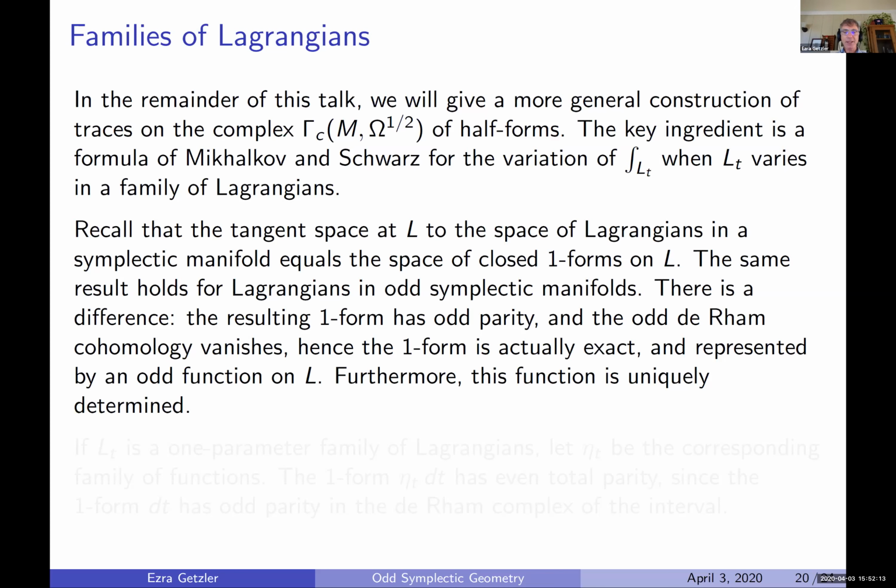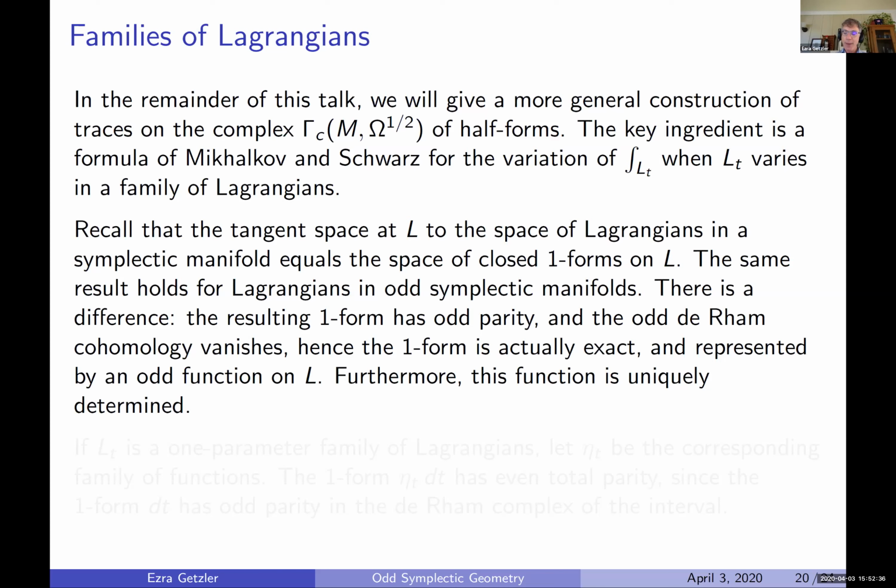So I want to explain to you how the traces of Batalin-Vilkovisky change as I move in a nice one parameter or higher parameter family of Lagrangians.